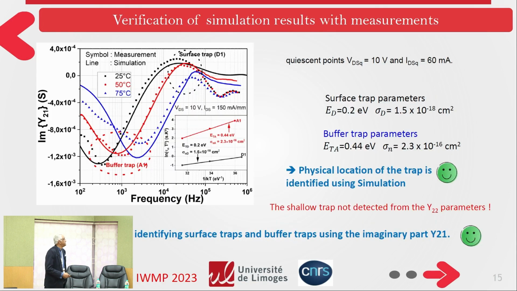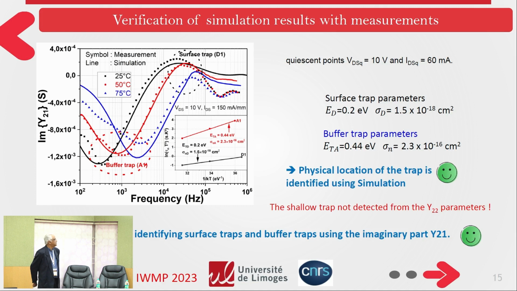Then we will see here the comparison between simulation results and measured data. It tracks closely. It's not possible to have a perfect agreement, but it's sufficient to see the location of surface traps and buffer traps.